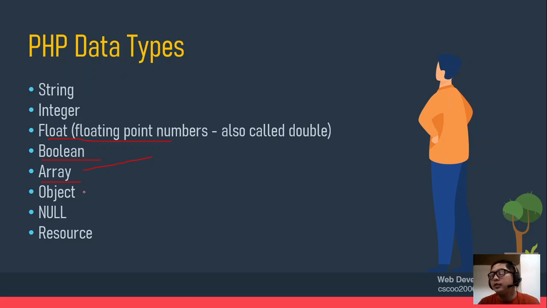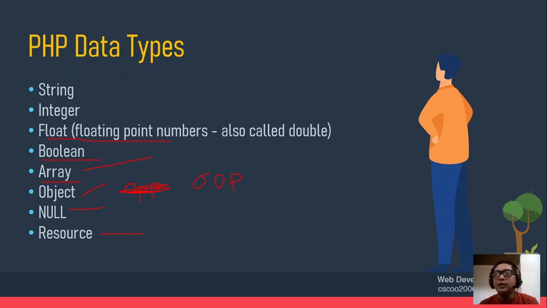How about object? Objects are used for OOP or classes. Sorry, OOP, object-oriented programming. Anyway, magkakaroon tayo ng separate niya. Null, resource. Resource naman, usually ginagamit natin to pag mga files, etc. Yun yung common niya.